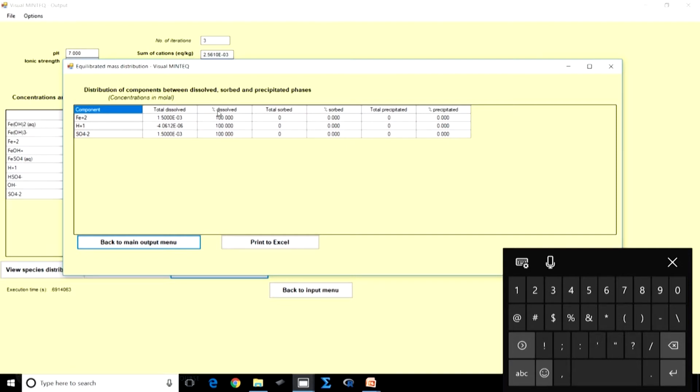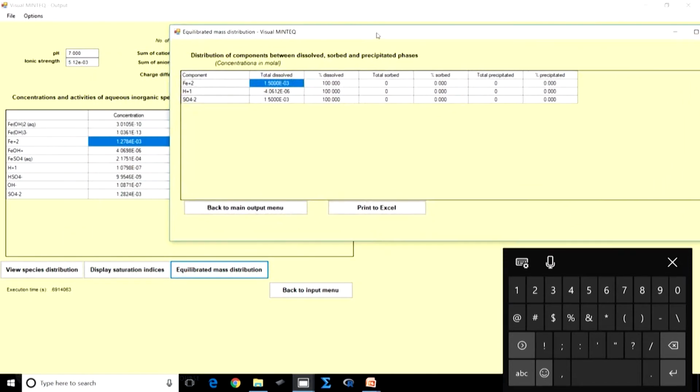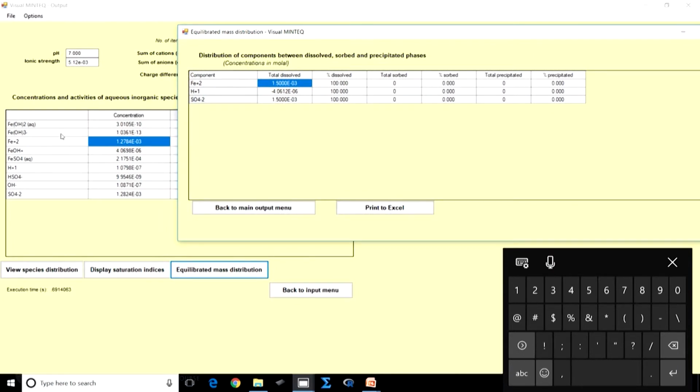As you can see, 100% of Fe2 plus is in the soluble form, either as Fe2 plus or as other complexes which are still soluble. So keep in mind that at 1.5 millimolar concentration of Fe2 plus, no precipitate is formed, even when we specified the amorphous form of Fe(OH)2 as a possible solid.